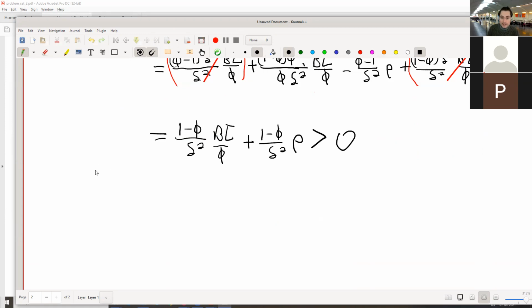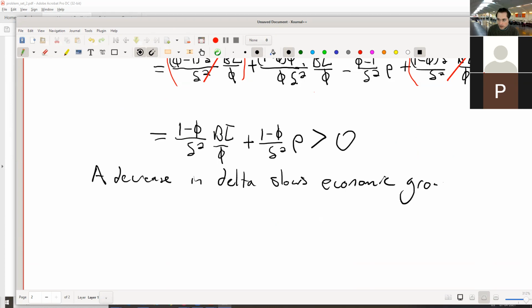So here what we get is that a decrease in delta slows economic growth. All right, and that is the end of part A. Part A is done.